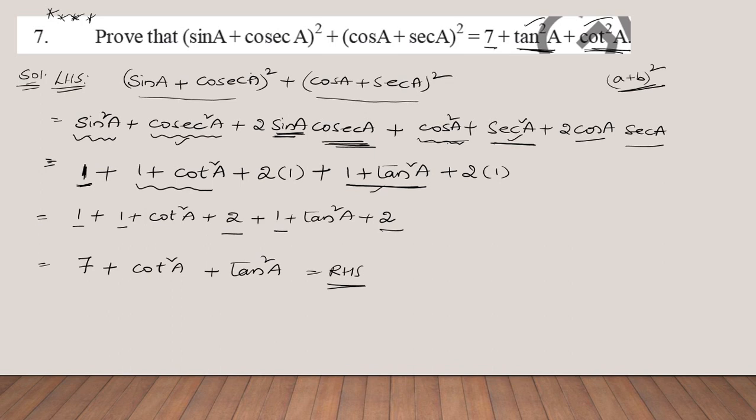Next, sin A into cosecant A is nothing but 1 by the reciprocal concept. So this gives me the final answer as 7 plus cot square A plus tan square A. This is nothing but my required answer, right?